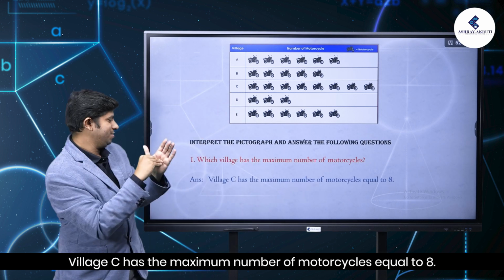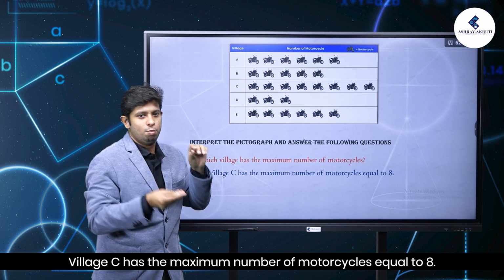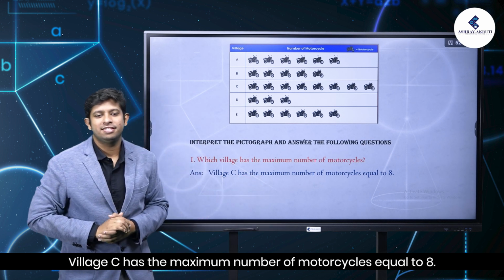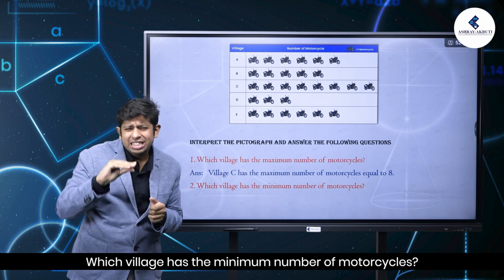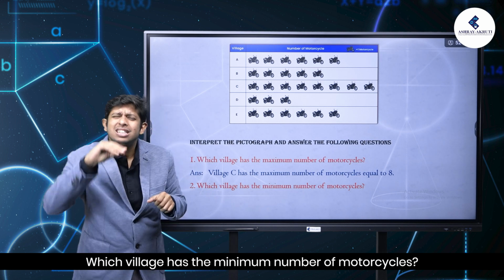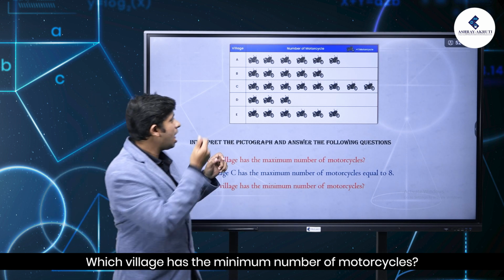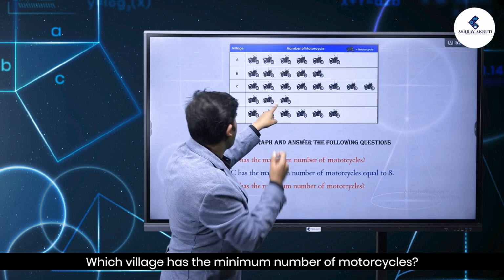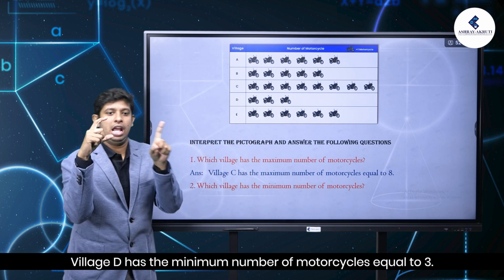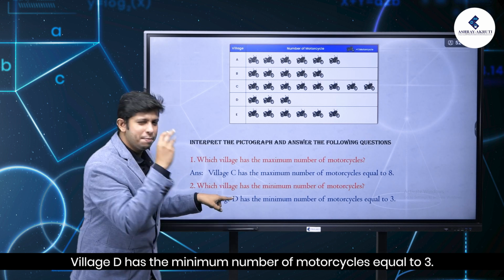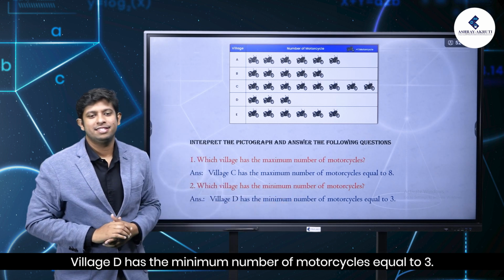Village C has the maximum number of motorcycles, equal to 8. Which village has the minimum number of motorcycles? Village D has the minimum number of motorcycles, equal to 3.